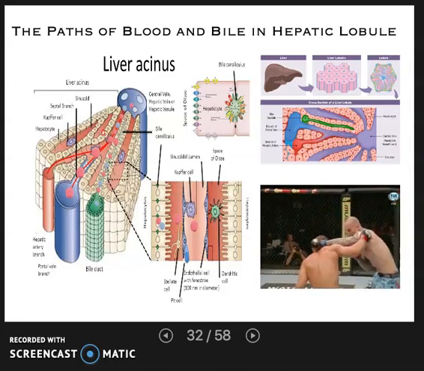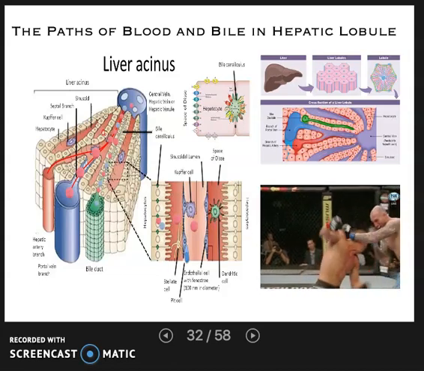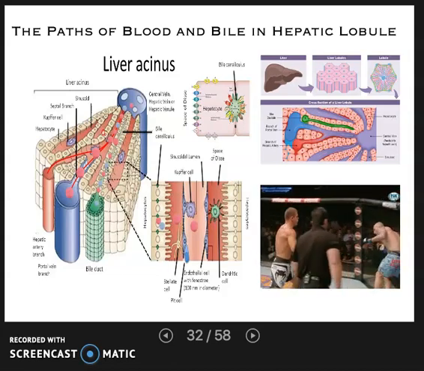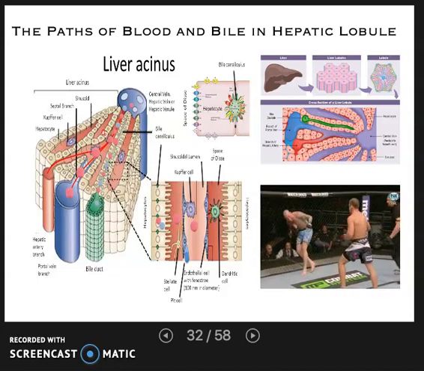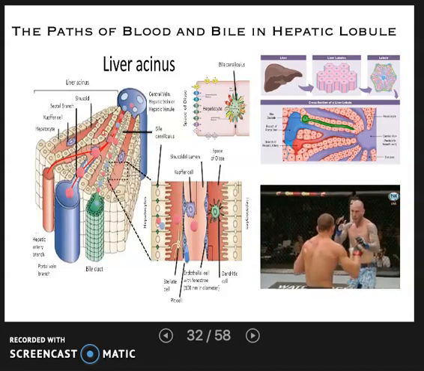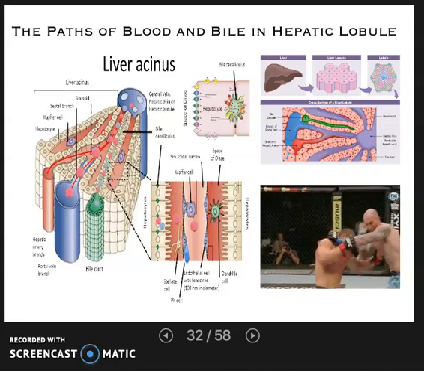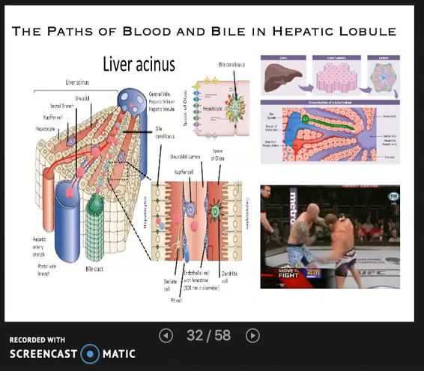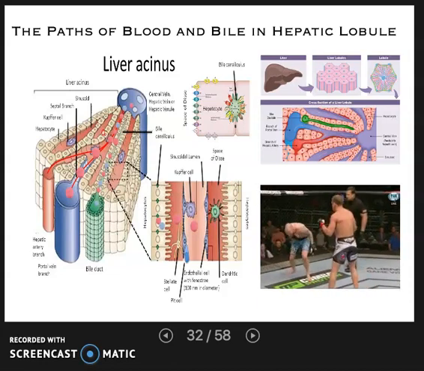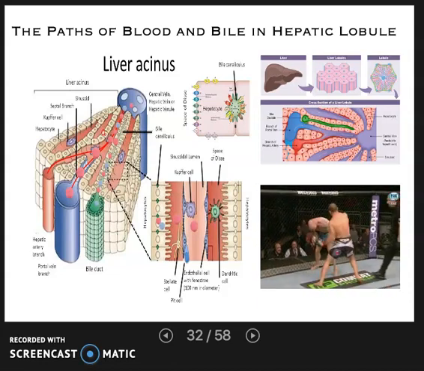So he wanted to remove his adrenal glands. And he said that he got as far as the liver, and when he started to try to move the liver around to get his adrenal glands, it was just too painful. So anyway, getting punched in the liver is very painful. So imagine if you were doing self-surgery, moving your liver lobules by hand would probably be painful as well. Don't do that. That's crazy.